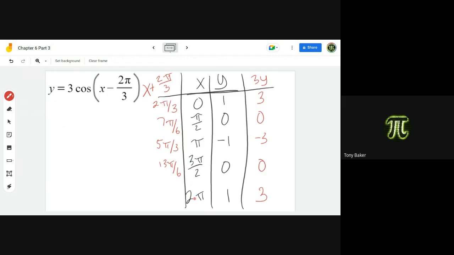And 6, 8 pi over 3. 6 plus 2 is, yeah. And the y is just going to multiply by 3.